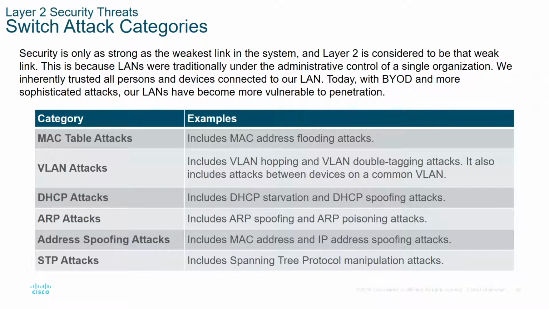DHCP attacks, which include DHCP starvation and DHCP spoofing attacks. We see ARP attacks, which include ARP spoofing and ARP poisoning attacks. We have address spoofing attacks, which include MAC address and IP address spoofing attacks. And we have STP, Spanning Tree Protocol attacks, including Spanning Tree Protocol manipulation attacks.